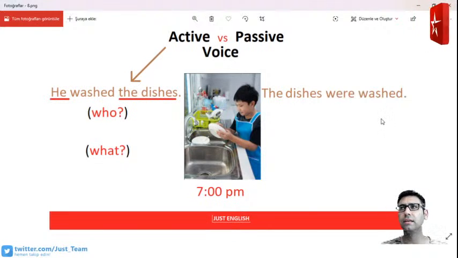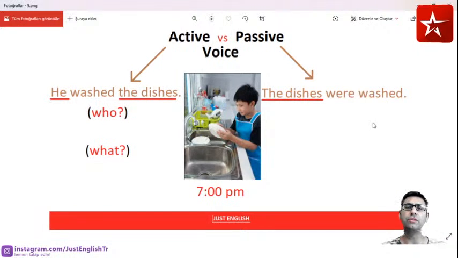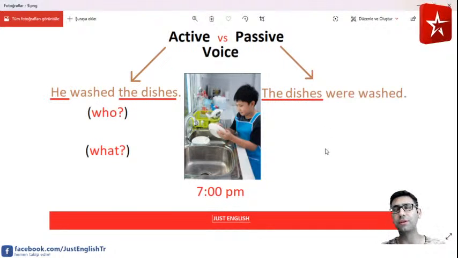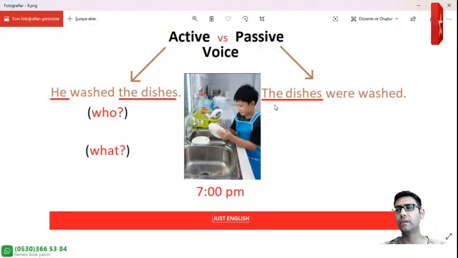But again, the dishes were washed. So in passive voice, the actor, the hero of the sentence, is the dishes. All right? So active sentence, passive sentence.